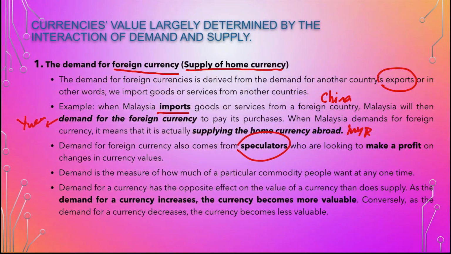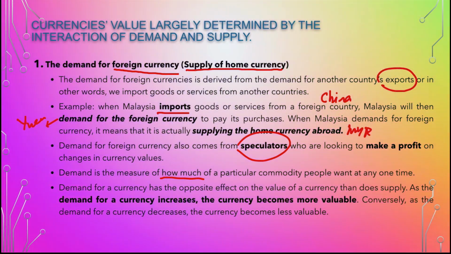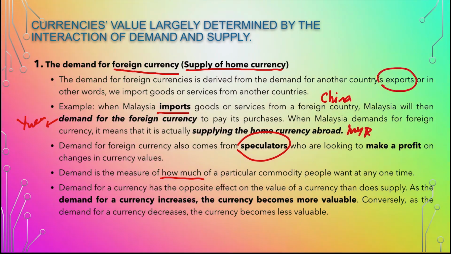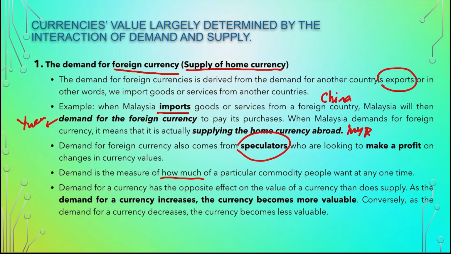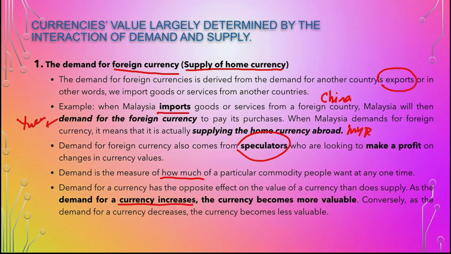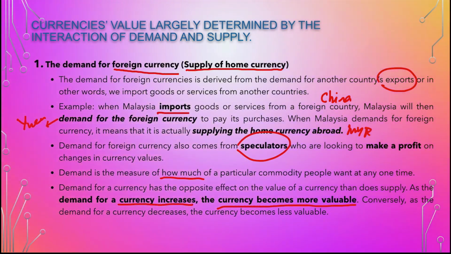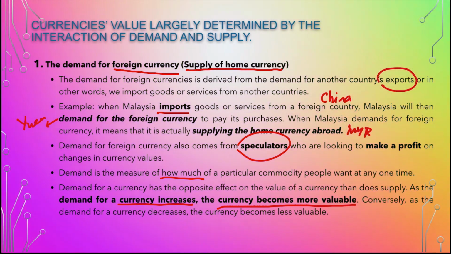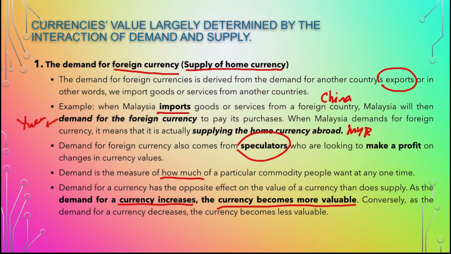So, demand is the measure of how much of a particular commodity people want at any time. Demand for a currency has the opposite effect on the value of a currency than the supply. As the demand for a currency increases, the currency becomes more valuable. Okay, do you get it? If the demand for Malaysia ringgit increases, the Malaysia ringgit becomes more valuable.